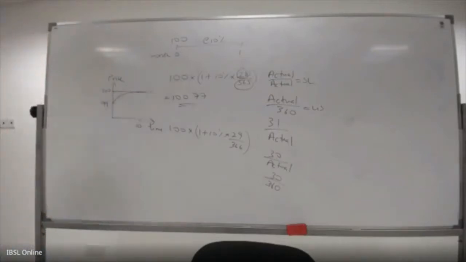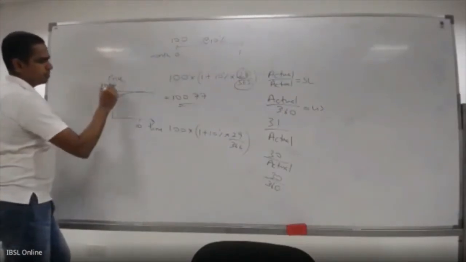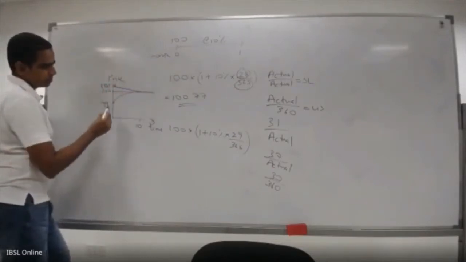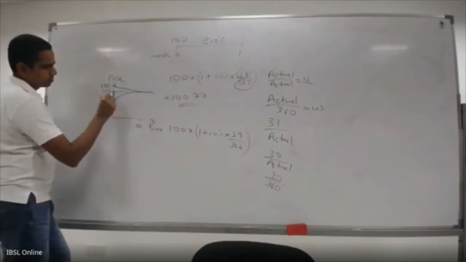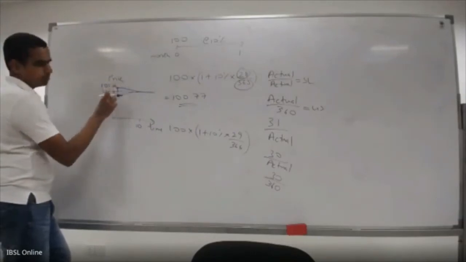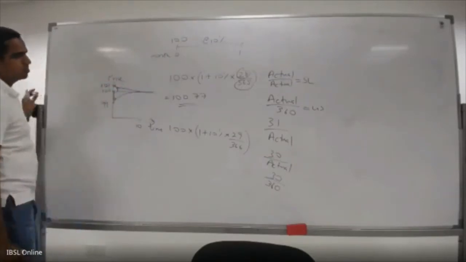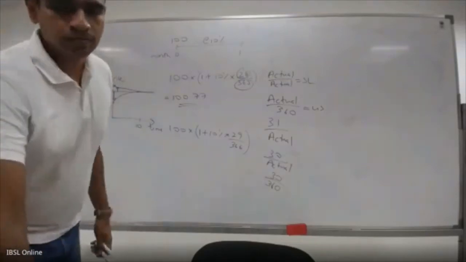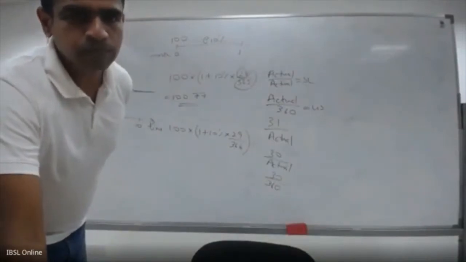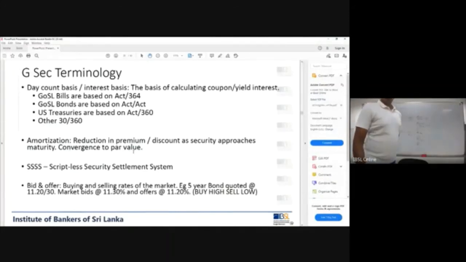Then if you buy a bond at a premium, say 101, again, when this bond matures, the price should drop to 100 because you get 100 at maturity. In one case it is a discount, here you have a premium. If it's a discount or a premium, the amount should gradually reduce as the bond matures. That is called premium or discount amortization: the drop in the premium or discount as the bond approaches its maturity.